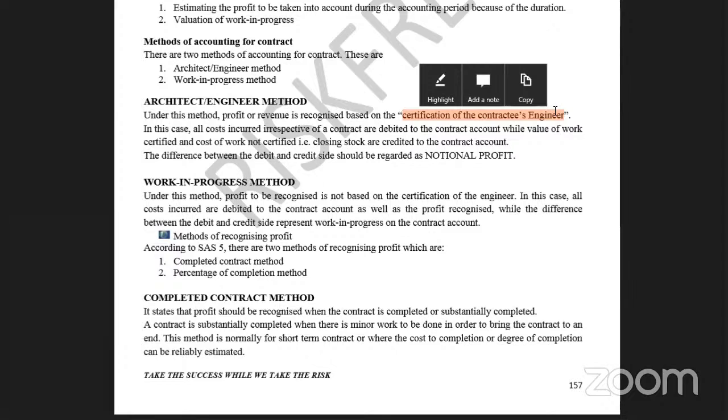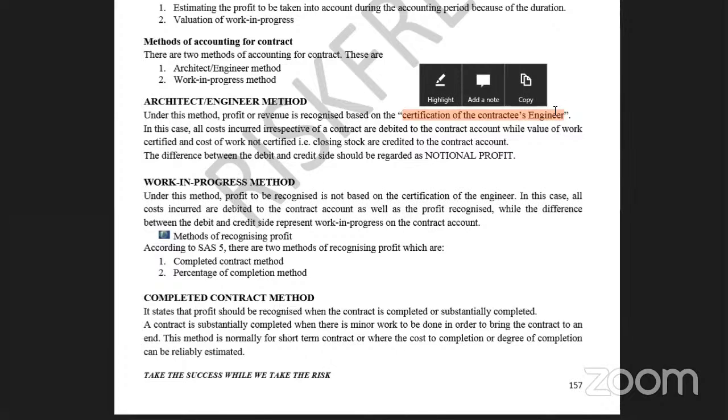So that is it. Now, when the job is being done, the federal government will send its own architect or engineer to go and value the job. And it's not based on what the contractor has done, saying, yeah, I've done a 1 billion naira job.